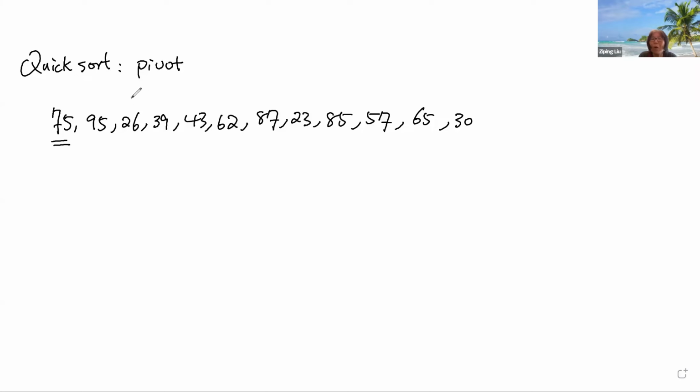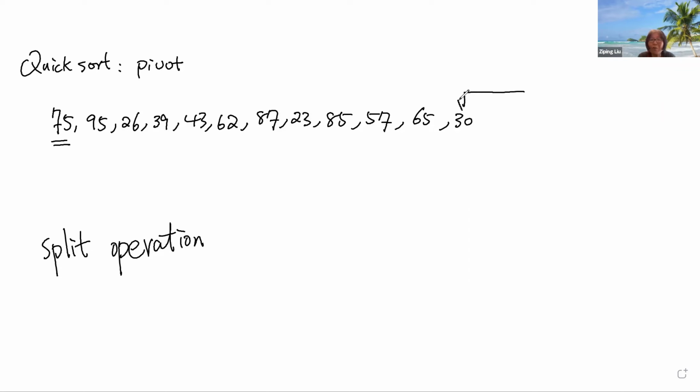As we just discussed, quicksort involves dividing the original list into 2 sublists, and we call that kind of operation the split operation. So how do we do split? Here is the algorithm for split.